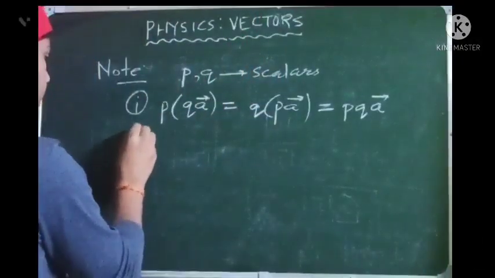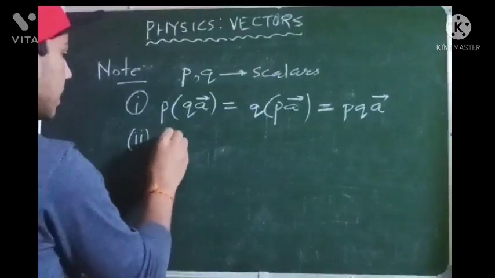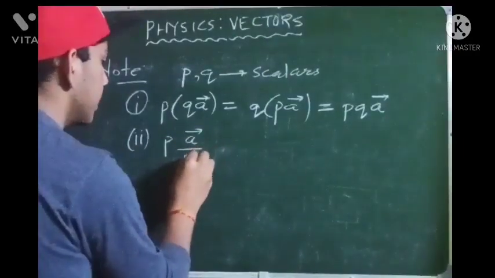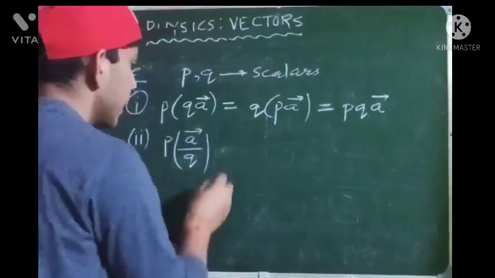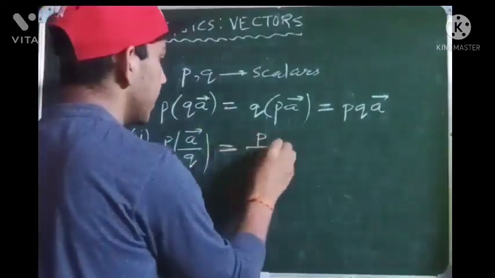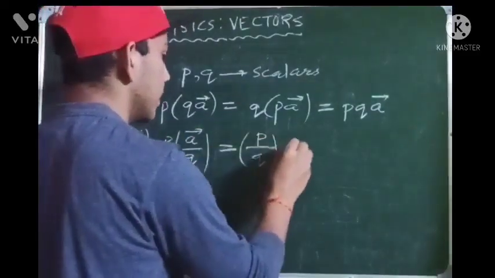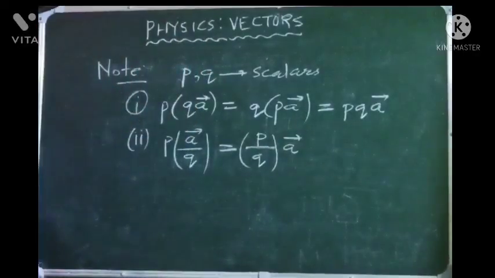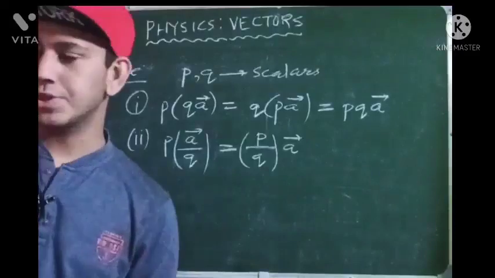The second one is P multiplied with a vector divided by Q can also be written as P divided by Q multiplied by a vector. These are some general operations which are not normally used.